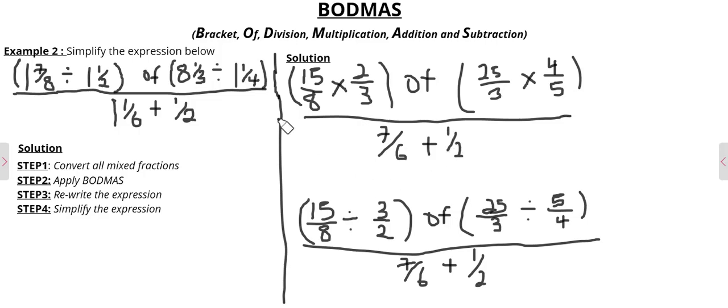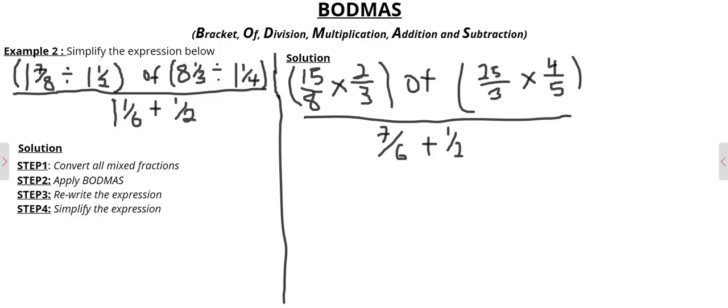Now wipe the other part of the board. So looking at this term in this bracket, we have 15 all over 8 times 2 all over 3. So 2 can divide 8 and it's going to give us 4. Also 3 can divide 15, it's going to give us 5.